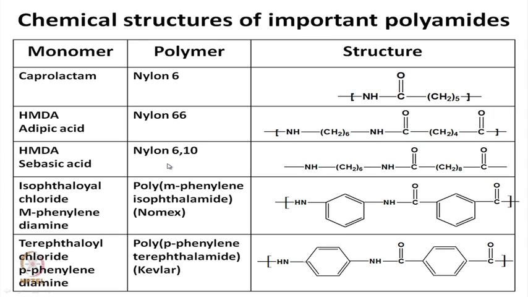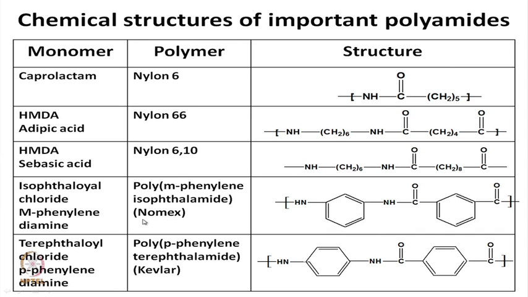Similarly, one can have nylon 6,10. In this case, the same diamine, hexamethylene diamine HMDA, is used, and in the acid part instead of adipic acid, sebacic acid is used, which contains 8 methylene units and 2 carboxyl groups. So, this way we get nylon 6,10.